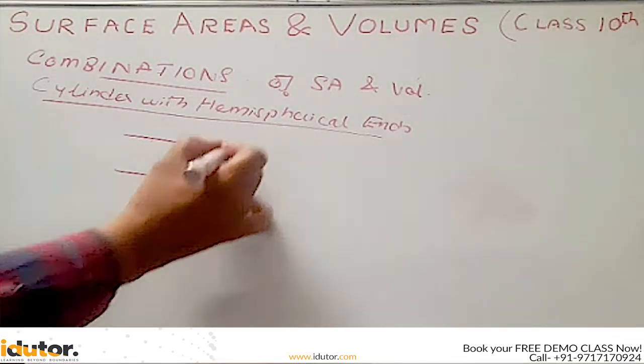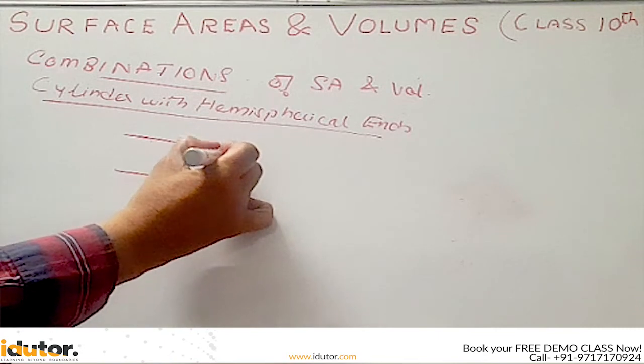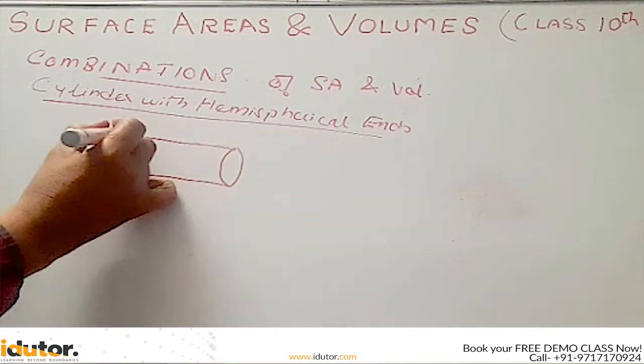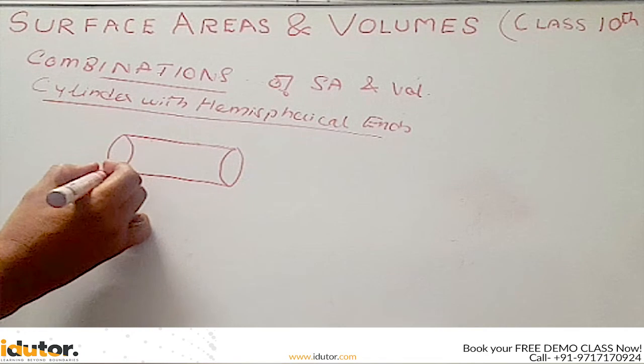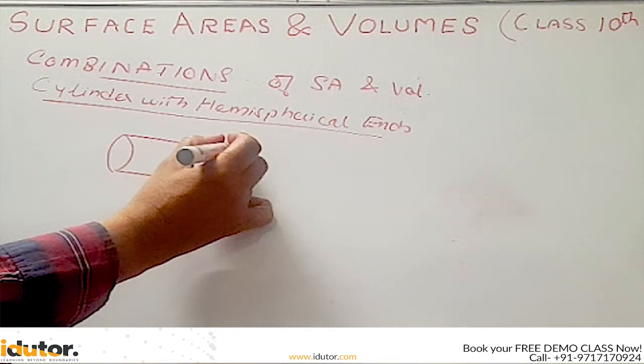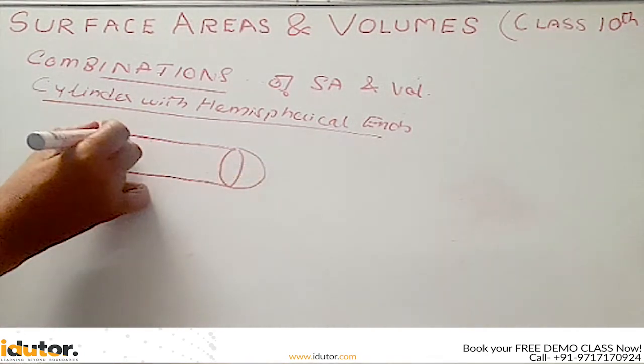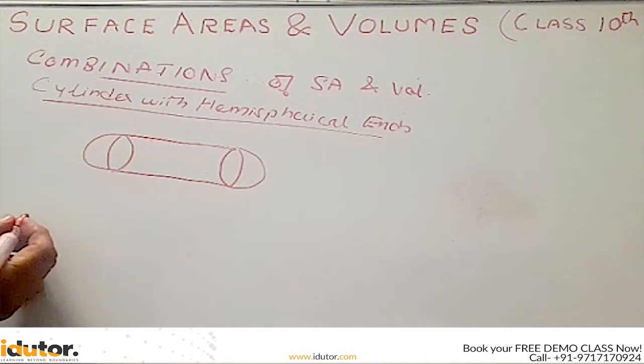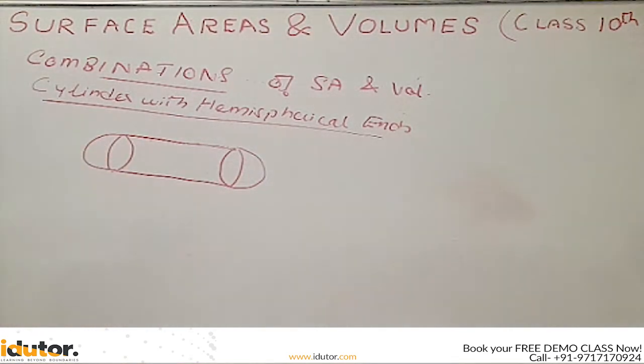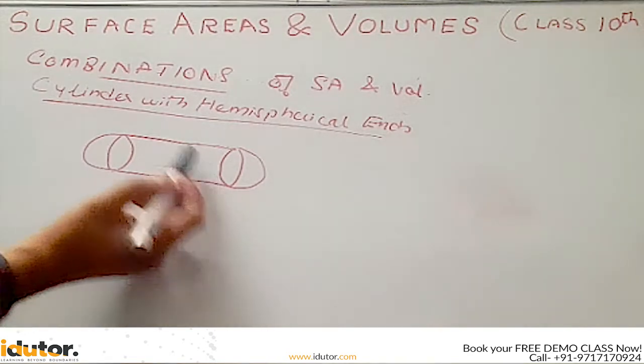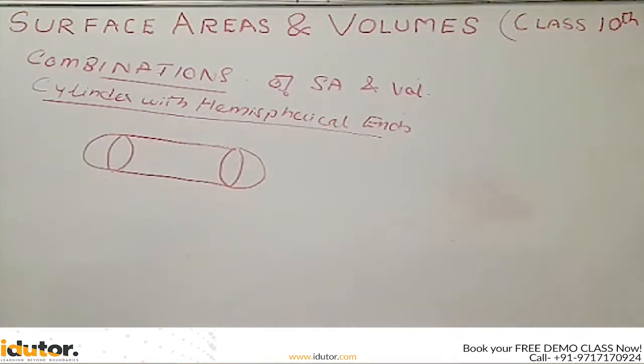Making two parallel lines, circular ends, and a hemisphere on the top, 1 and 2. So we have got a cylinder and two hemispheres.